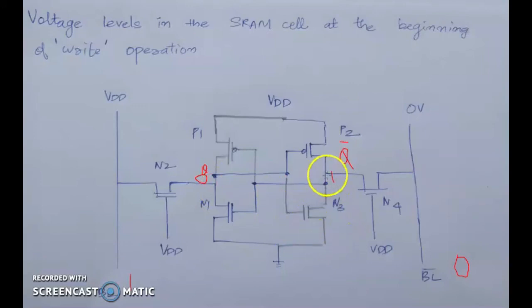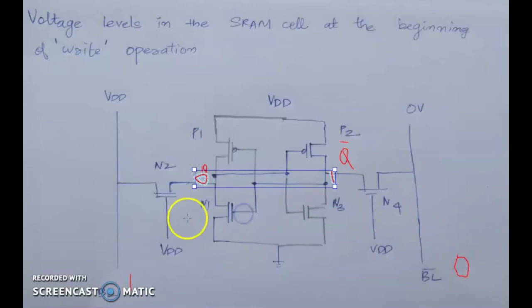But we want this transistor to be on, then only I will get 0 over here and consequently 1 over here. But in this way it won't take place because we designed it in such a way that the voltage at this node does not exceed the threshold voltage of N3.